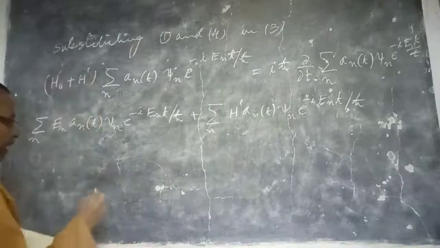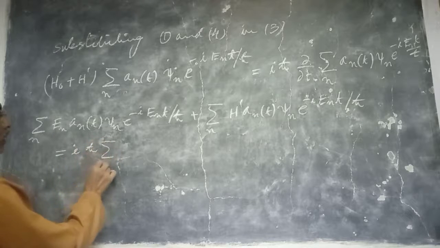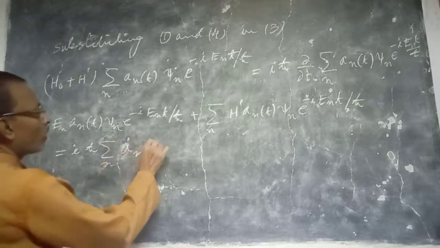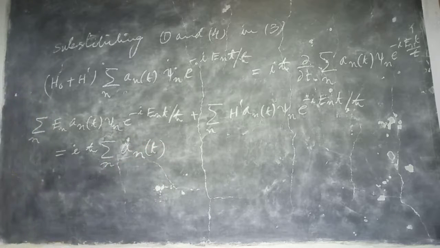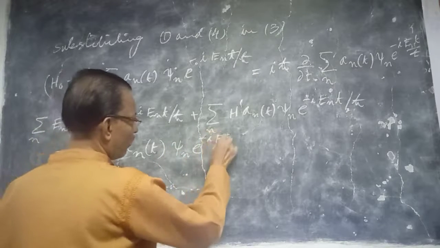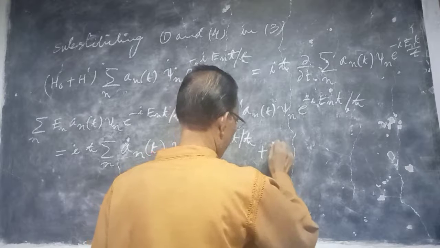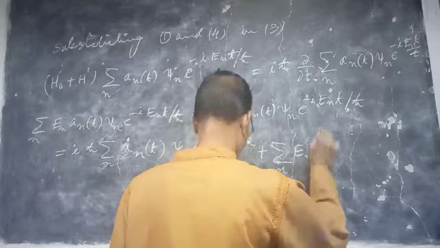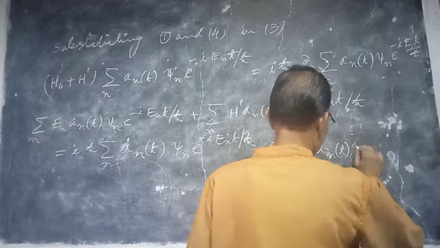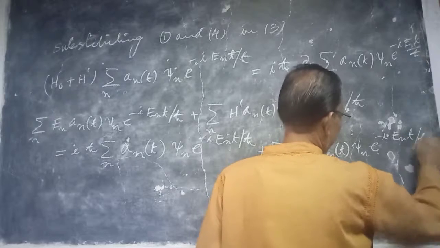These are the first two terms on the left hand side, and that is equal to i h cross times the sum over n of a n dot, the time derivative, psi n e to the power minus i E n t by h cross, plus the sum over n of E n a n of t psi n e to the power minus i E n t by h cross.